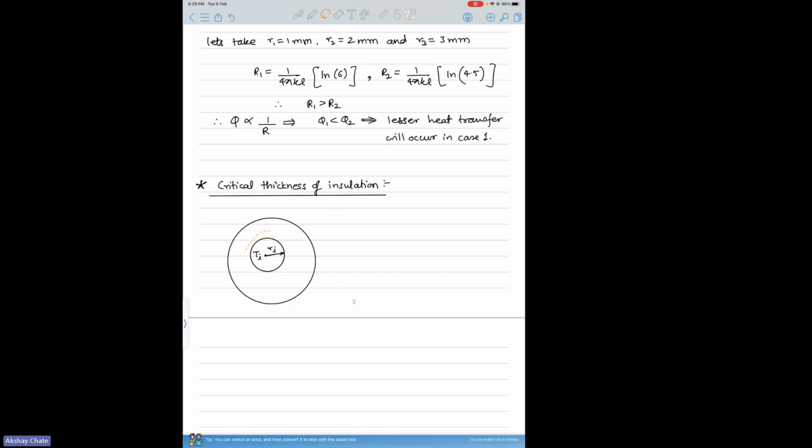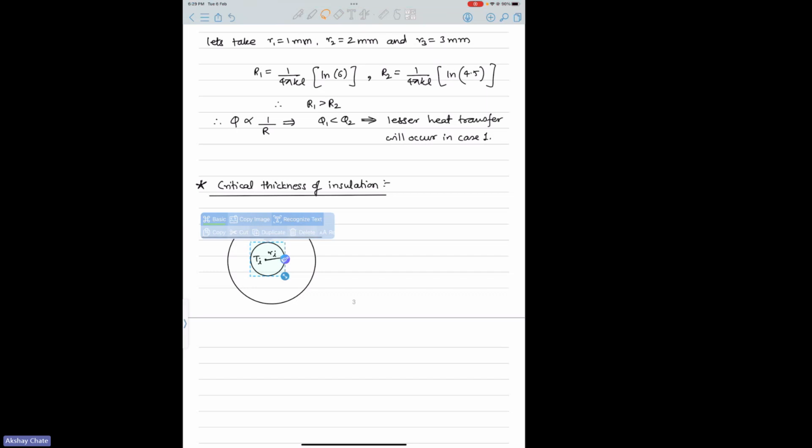And that insulator will have some radius of insulation. So this is your insulation with thermal conductivity K, and then you'll have some heat transfer to ambient, which will be at some ambient temperature T infinity, and there will be some heat transfer coefficient between ambient and the insulation outer surface.